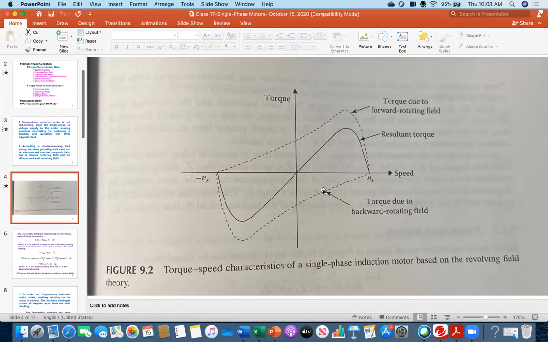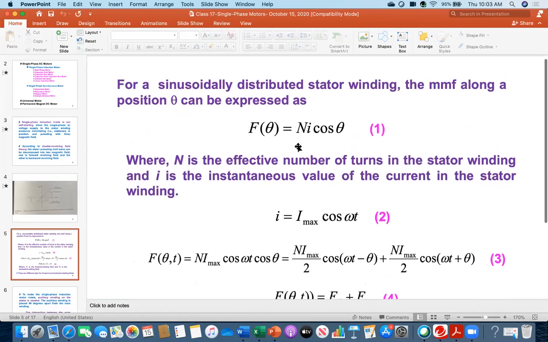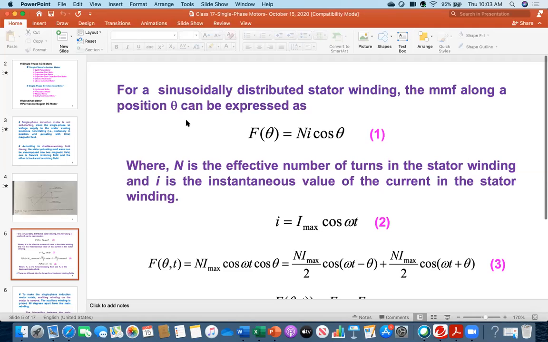So now this representation, mathematically we can represent this one. Everybody see what I have written: for a sinusoidally distributed stator winding, the magnetomotive force along a position theta can be expressed as f(theta) = Ni cosine theta.